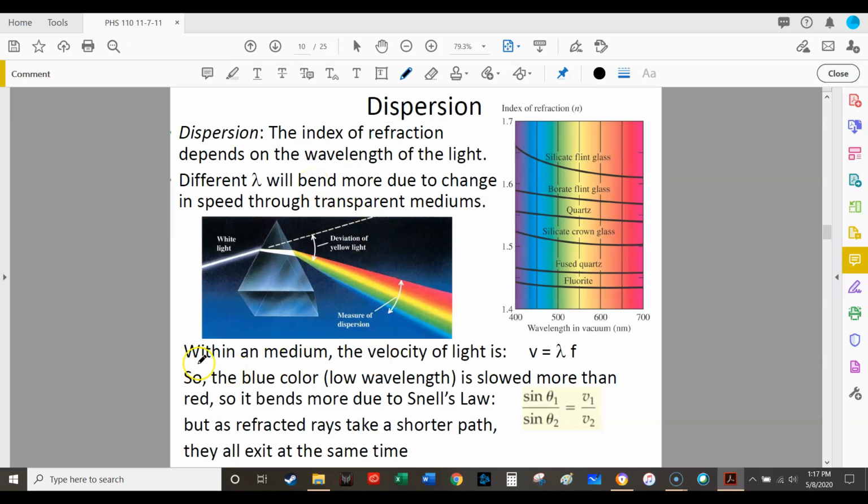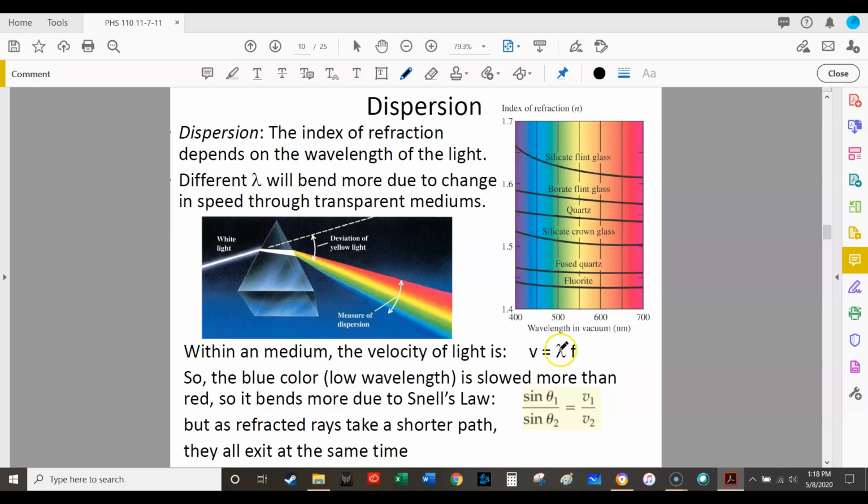So what is happening is that blue, which is a lower wavelength, is going to be bending more, which means it's slowing down more. Since we're talking about this angle right here, blue is going to be bending more. Remember, again, frequency isn't changing, so it's still going to be blue when it goes through, but the wavelength is going to be changing, right?